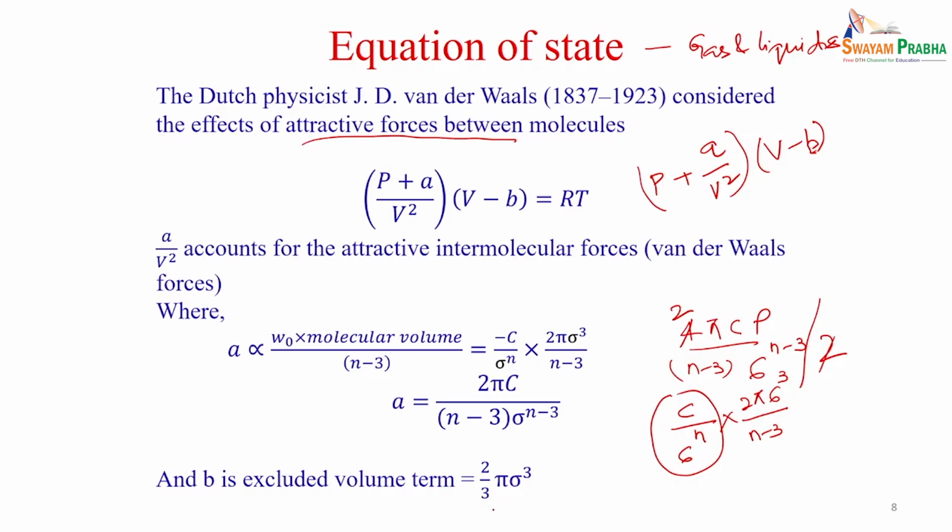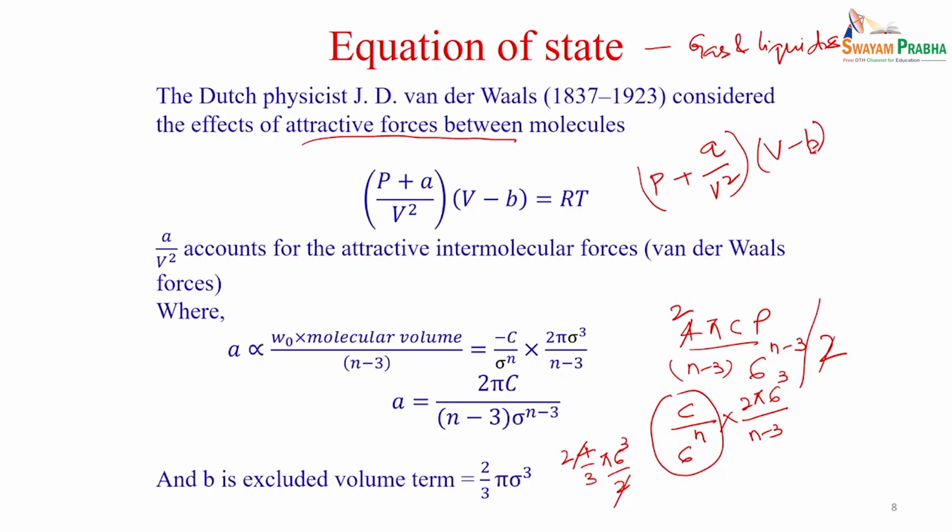So, for half of it, or you can say this is V by 2. So, V will be 4 upon 3 pi sigma cube divided by 2. So, again this will be 2 by 3 pi sigma cube. So, this is how these two terms are coming in the van der Waals equation, and again this is a very interesting example.